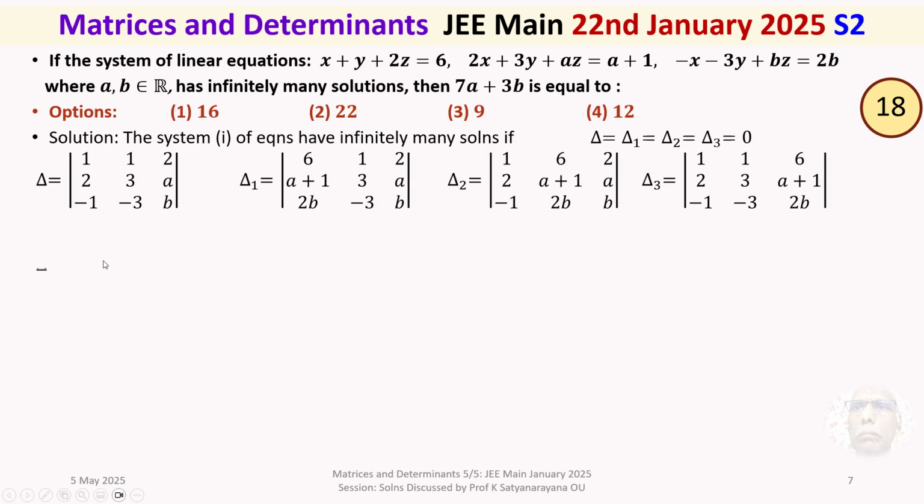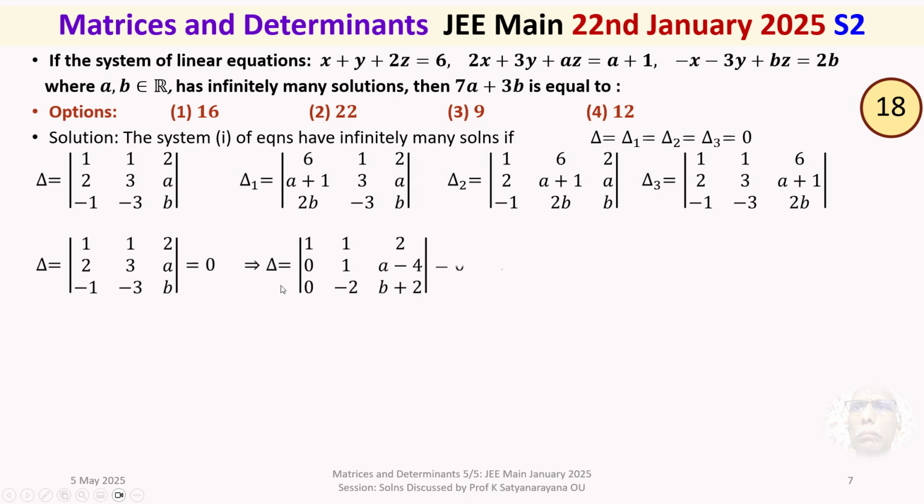Let us take delta. Delta is equal to 0. And in this delta, I have made the a21 and a31 elements 0.